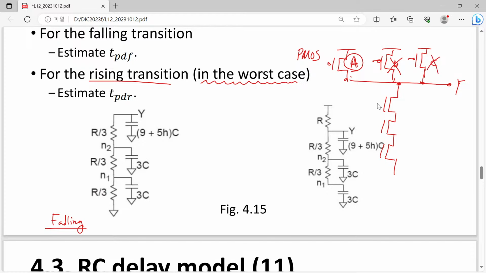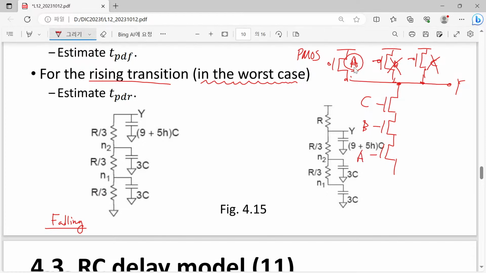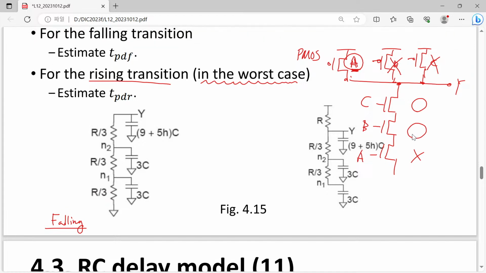If we have a configuration like this, C, B, A, then what will happen? Only A is turned on, so now A is turned off due to the duality. And now B and C, in this case, they are turned on.